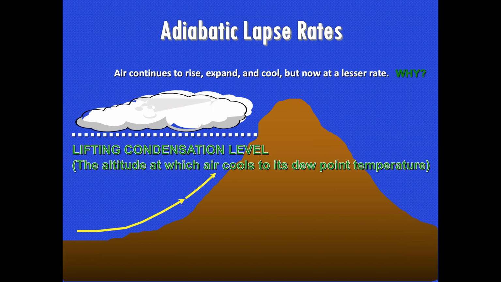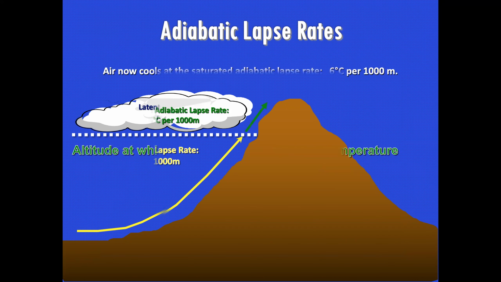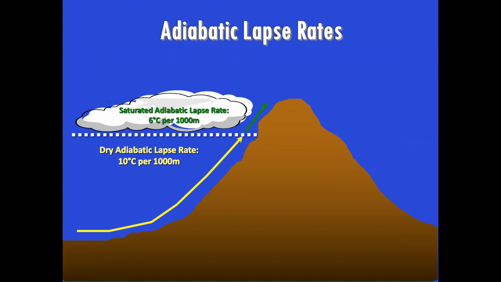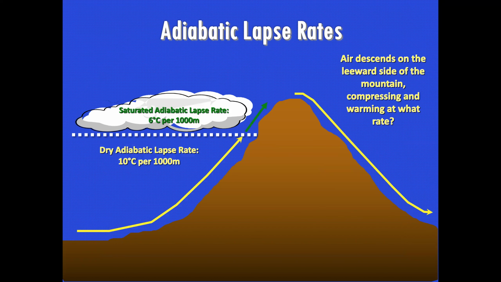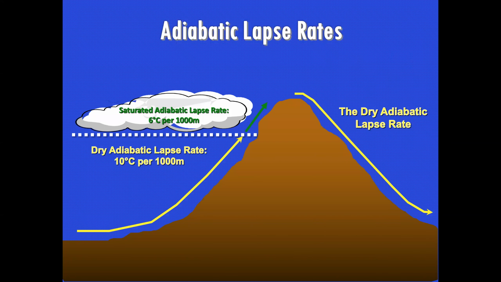The air continues to expand and cool, but at a lesser rate. And that's because you've released latent heat to the environment. And it decreases at a lesser rate. And then it goes over the other side where you basically warm by compression, and it warms up pretty fast. And that's the idea of the dry adiabatic lapse rate.